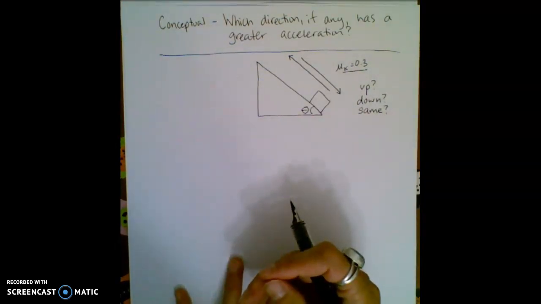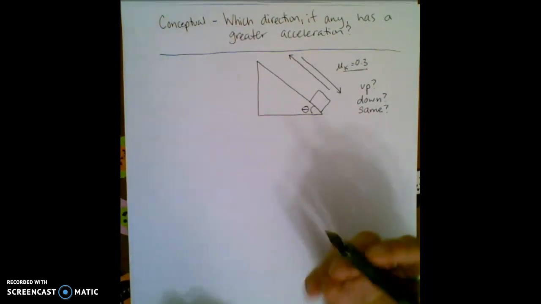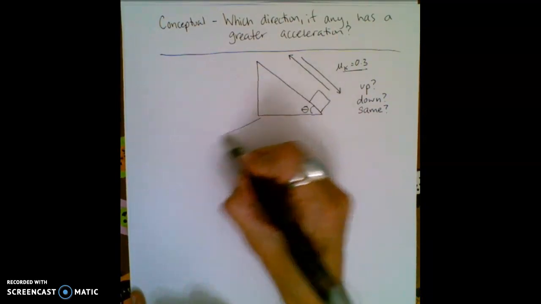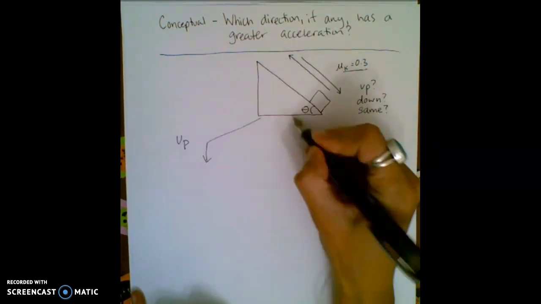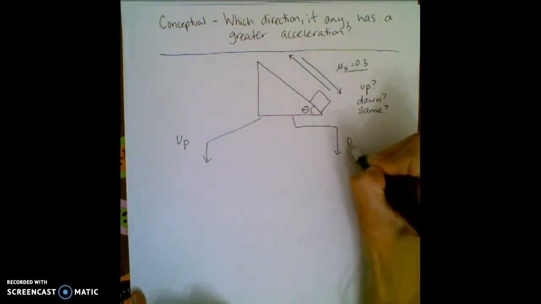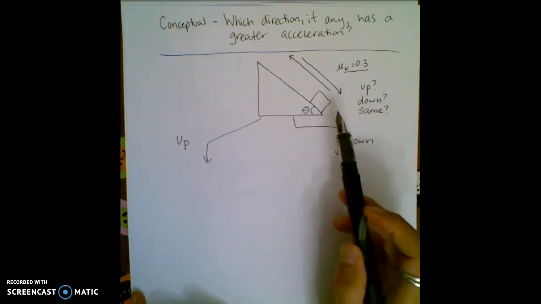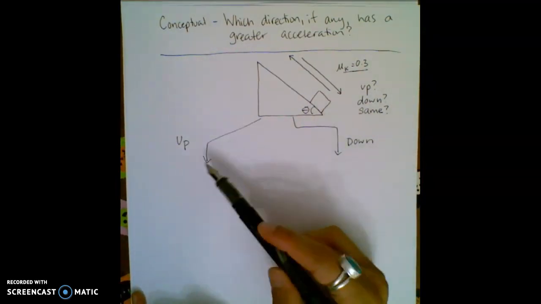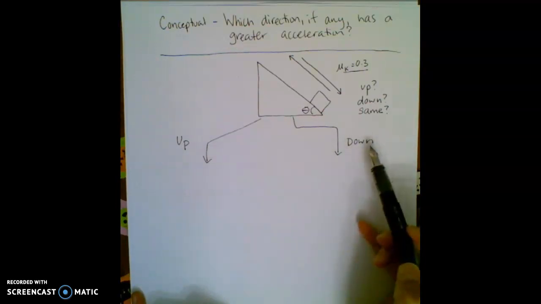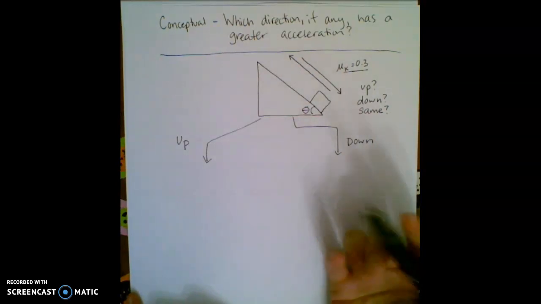Okay, well, how do we attack this? I'm going to draw two free body diagrams, one for the up direction and one for the down direction. Why am I doing that? So that I can look at the net forces acting on the box when it's going up the incline and when it's going down the incline, because the net force is going to tell me about the acceleration.